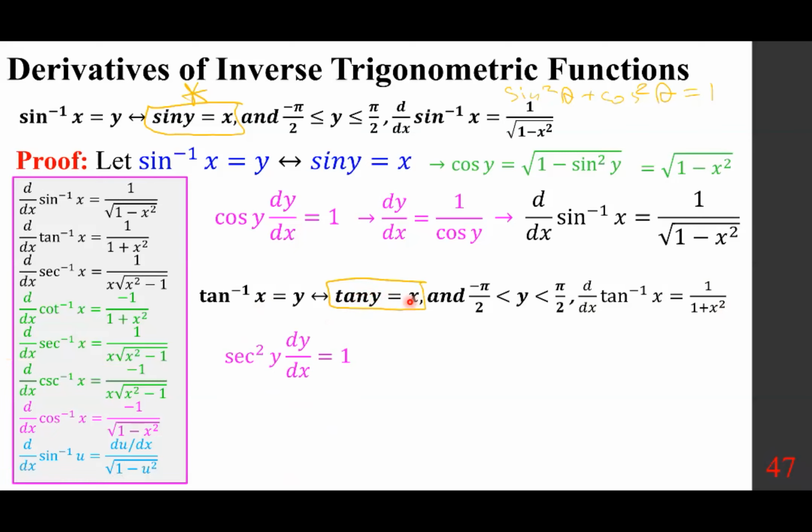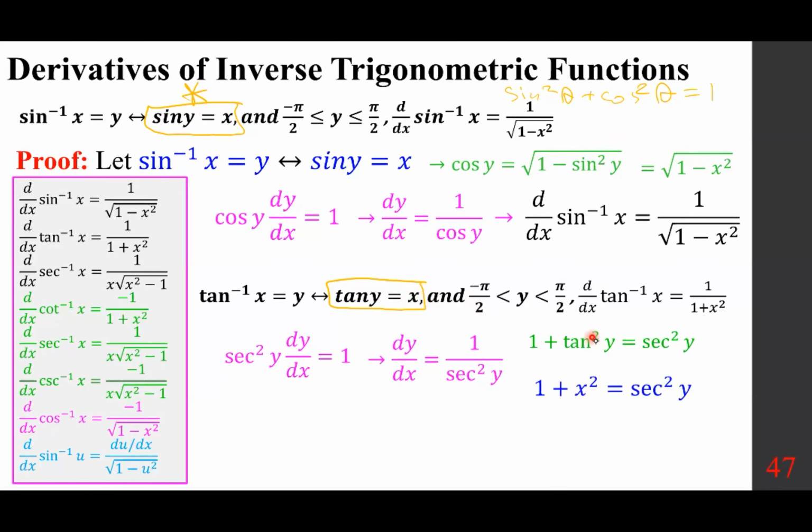So what is dy dx? It's 1 over secant squared y. We also know one of those Pythagorean identities: 1 plus tan squared is secant squared. So if secant squared is 1 plus tan squared, and tan of y is x, this is x squared, everybody.